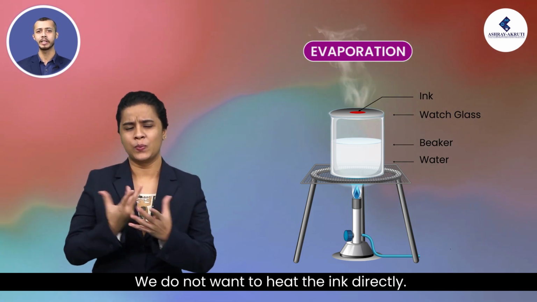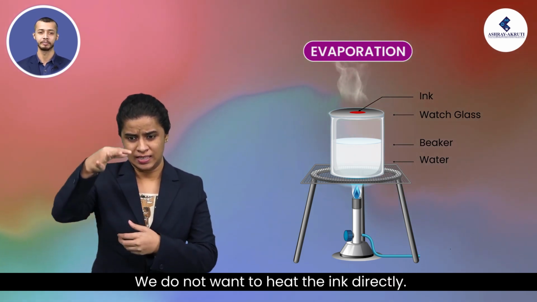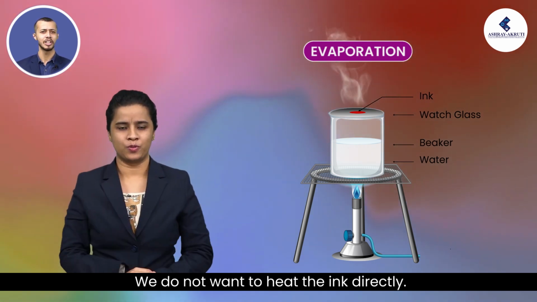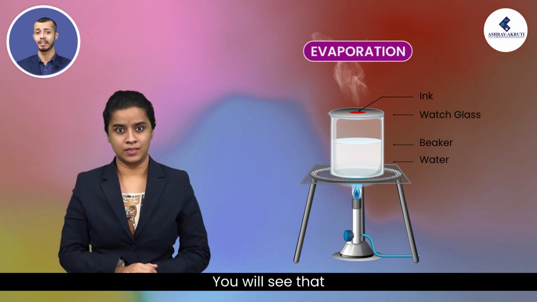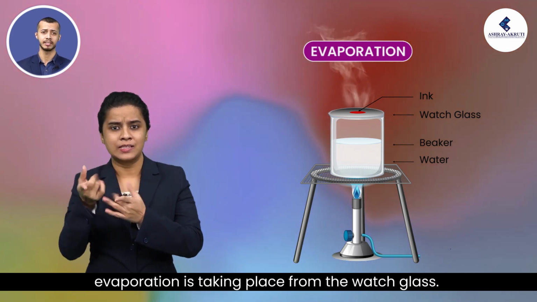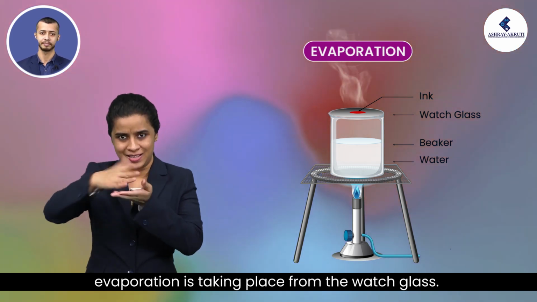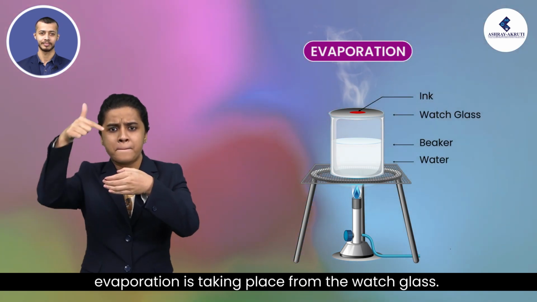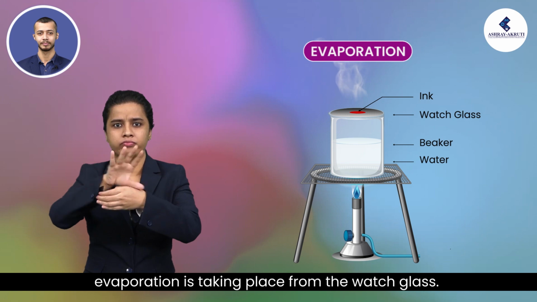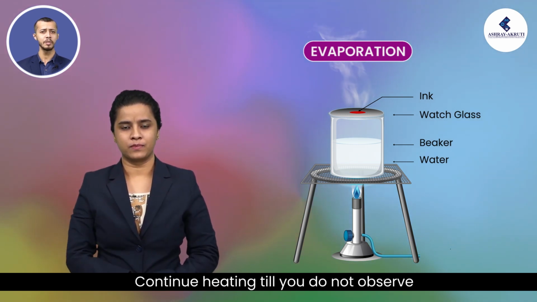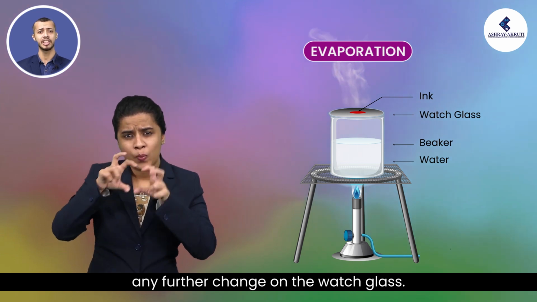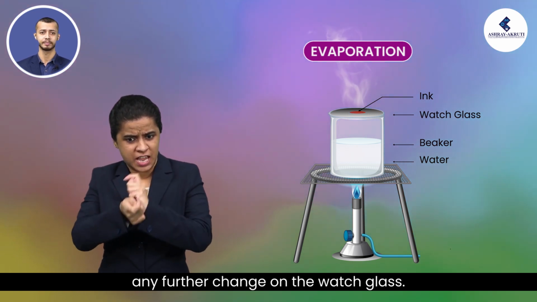We do not want to heat the ink directly. You will see that evaporation is taking place from the watch glass. Continue heating till you do not observe any further change on the watch glass.